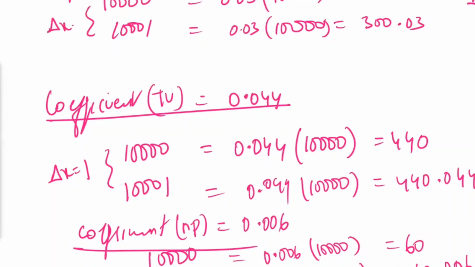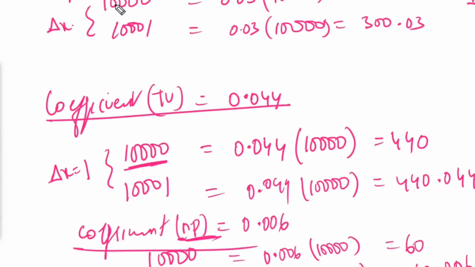Here the change in Y is 0.03. When compared to newspaper individually, it is not having any impact. But TV into newspaper together has a good impact, which is almost equal to applying it individually on the TV. Now the same 10,000, instead of applying on TV alone, you apply on TV and newspaper.